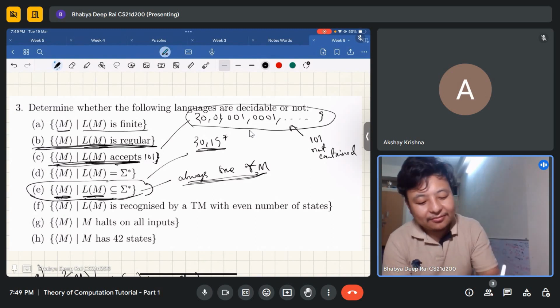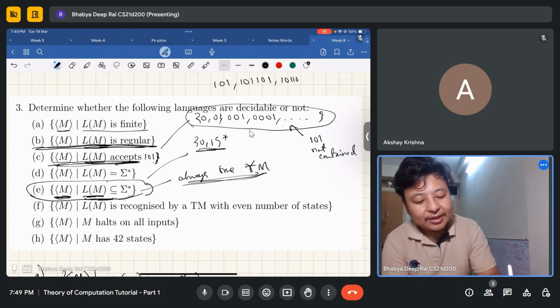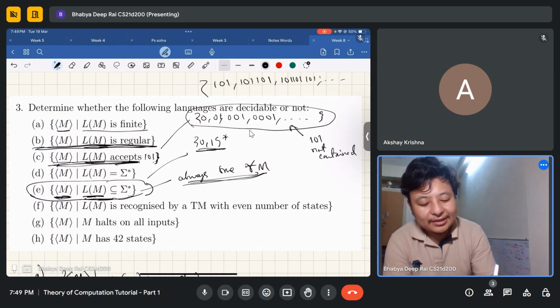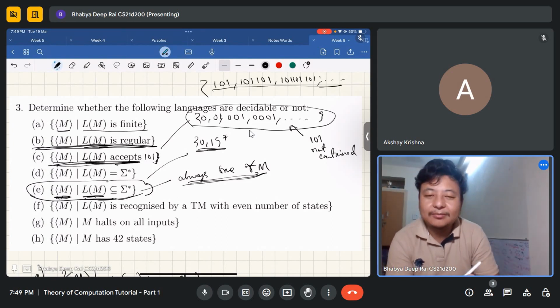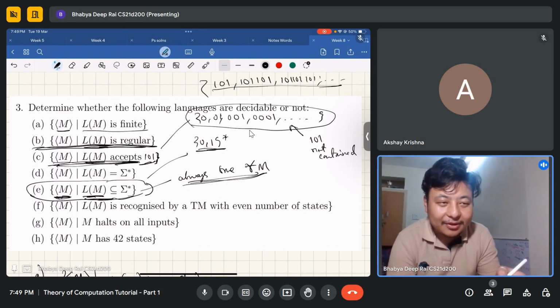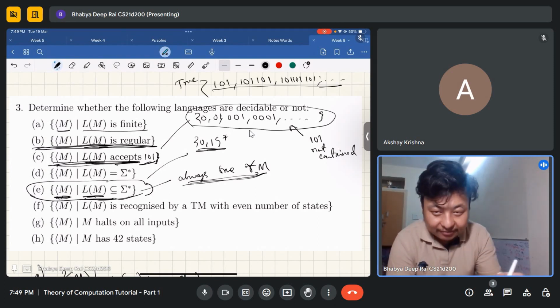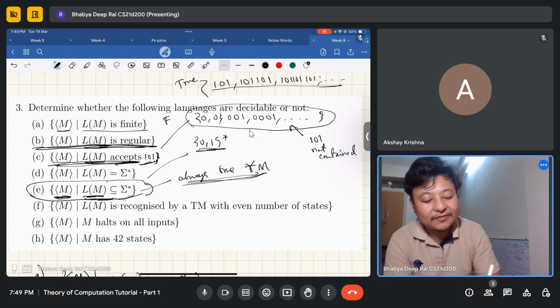But consider a machine whose language is 101, 101, 101 and so on. Then this machine will accept 101. So I have an example where the property is true, and an example where the property is false.